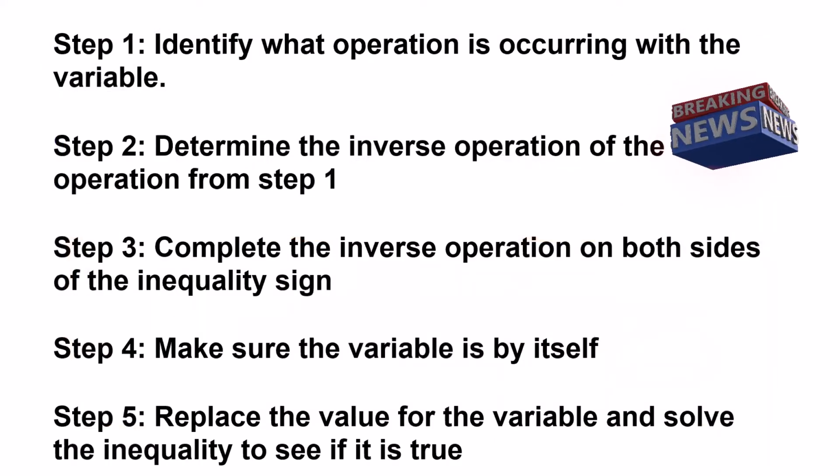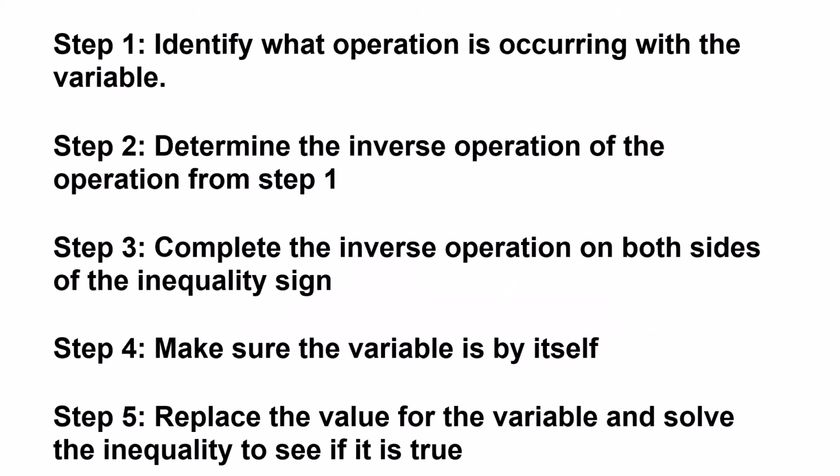Now, these are the steps that we'll be following today to answer our questions. We will have an inequality, and we will identify what operation is occurring with the variable. Then we will determine the inverse operation of the operation from step one.